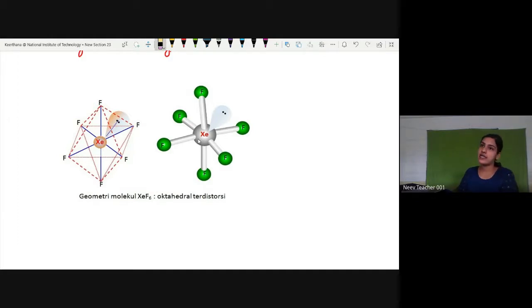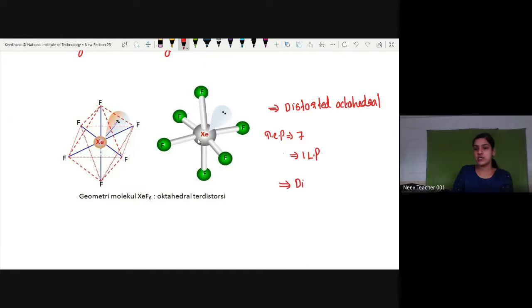It is assumed to be floating in the space in XeF6, and that is called distorted octahedral. So if the total electron pair is 7 and there is one lone pair, the shape will be distorted octahedral or capped octahedral.